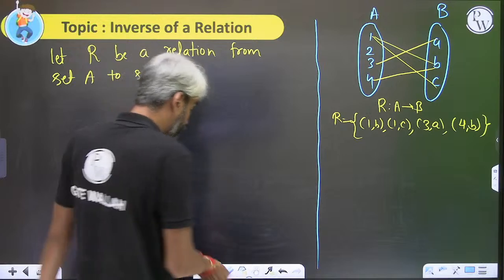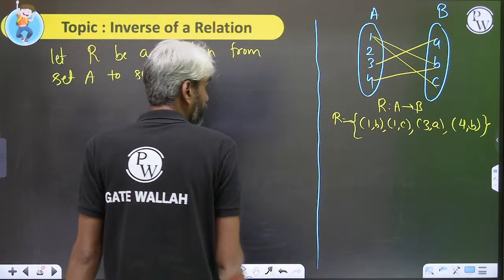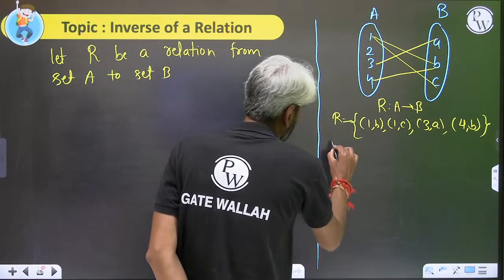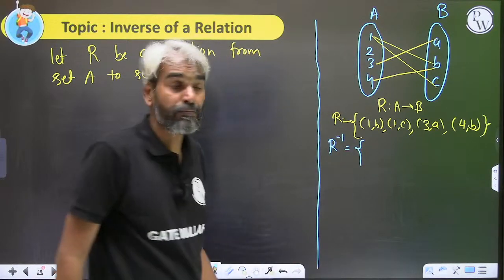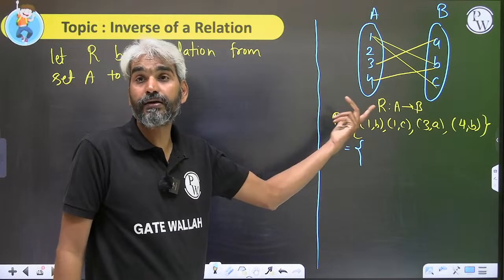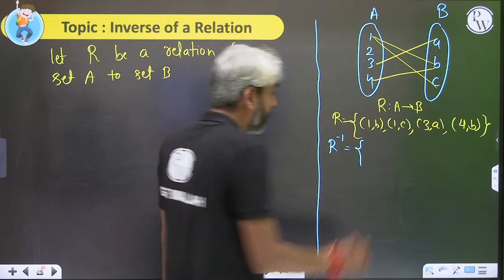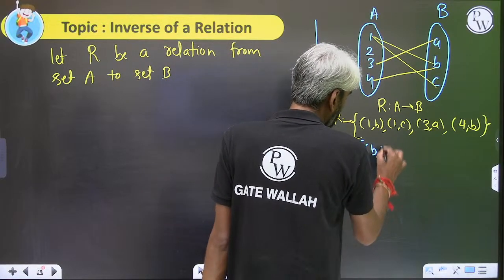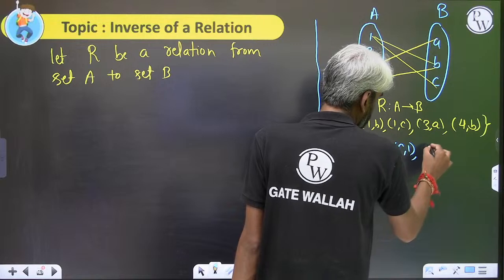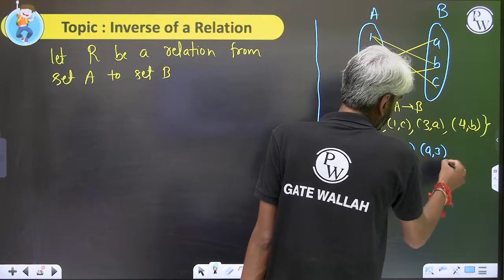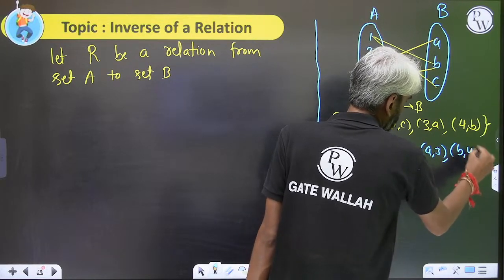Now, if I try to define the inverse of a relation, it will simply invert the ordered pairs of relation R. That is, it will become (B, 1), (C, 1), (A, 3), (B, 4).